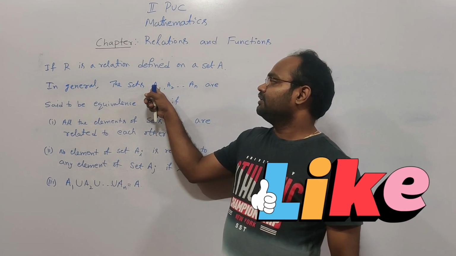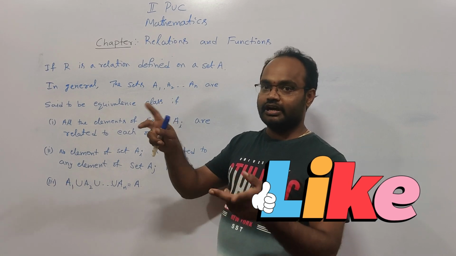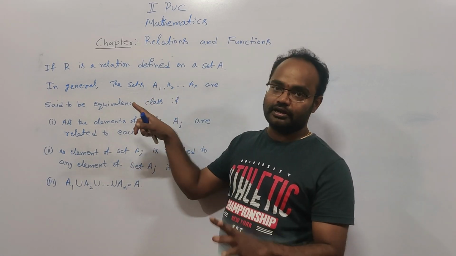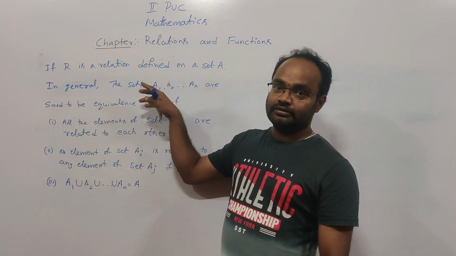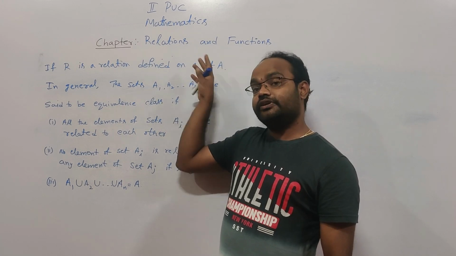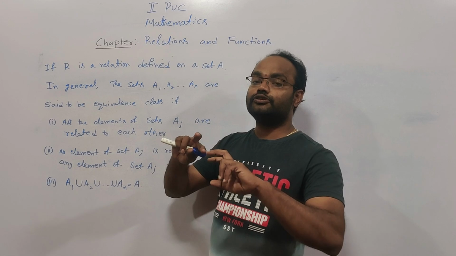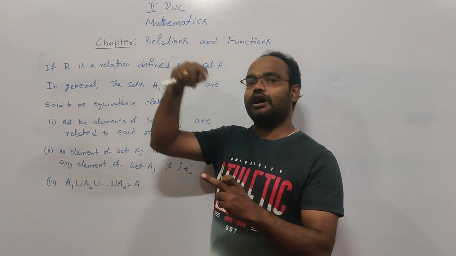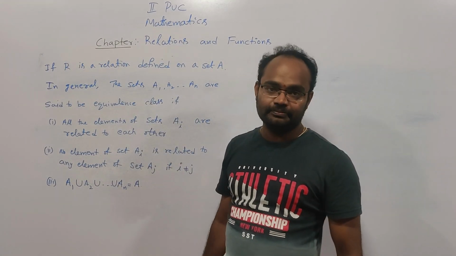That is, taking A1 and A2, no element of A1 should be related to any element of A2. Similarly for A1 and A3, A1 and A5, etc. Likewise A2 with A1, A3, An. So if you consider any two different sets, there should not be a relationship between an element of one set and an element of another set. So they must be disjoint. That is the second condition.